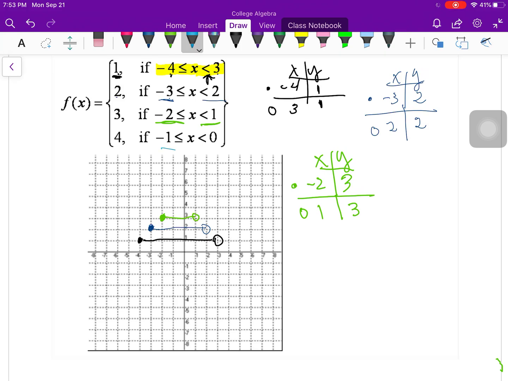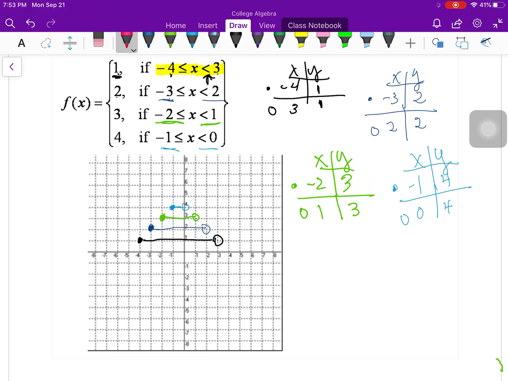And last, -1 to 0. -1 closed, 0 open. -1 goes to 4, 0 goes to 4. And there I have my 4 pieces.